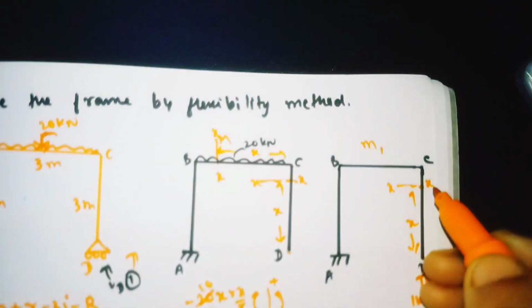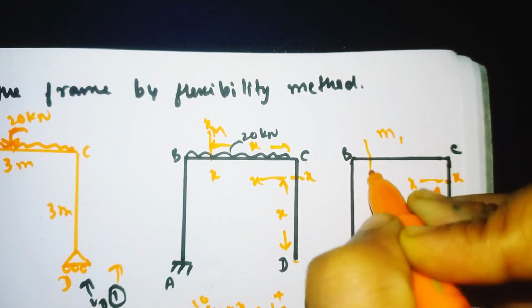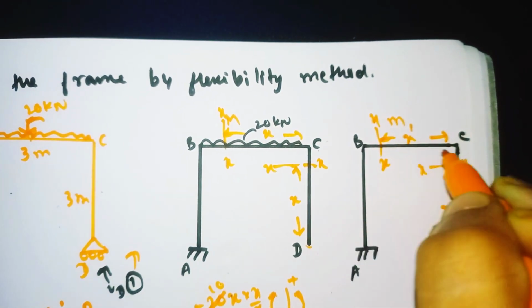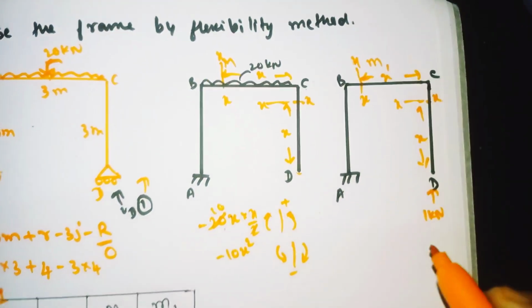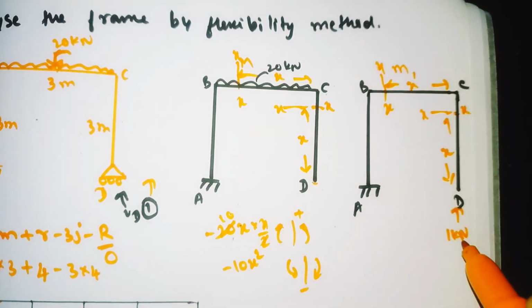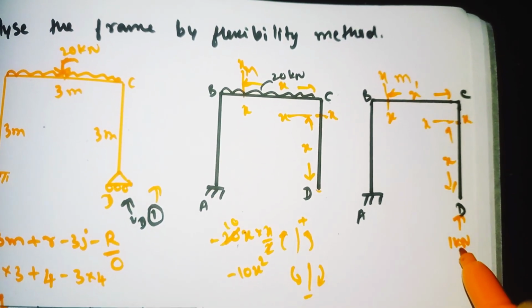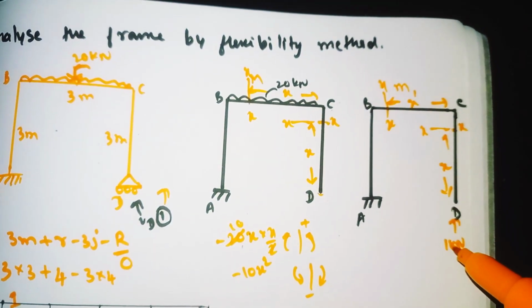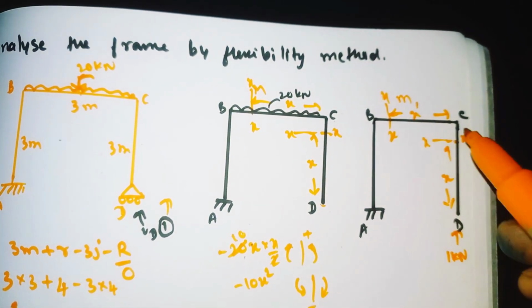Similarly for M1, if you cut the section x-axis away from the origin C at a distance of x, here 1 kilonewton load is acting. At what distance from this section is it acting? We need to see the perpendicular distance.